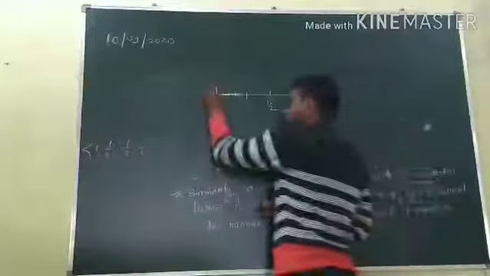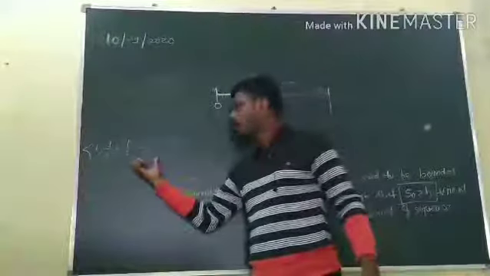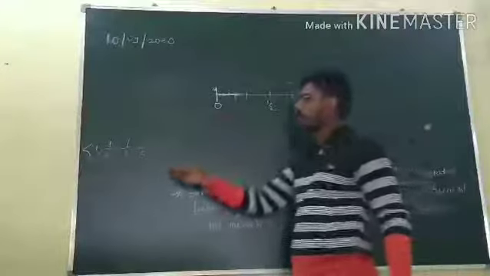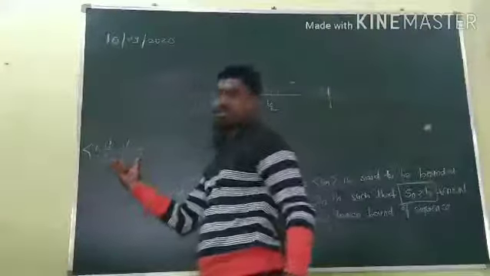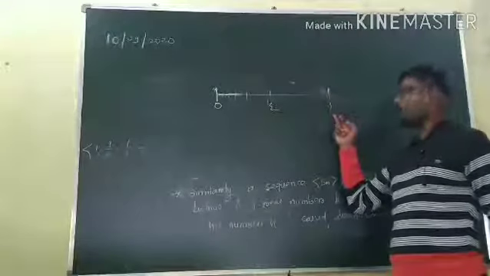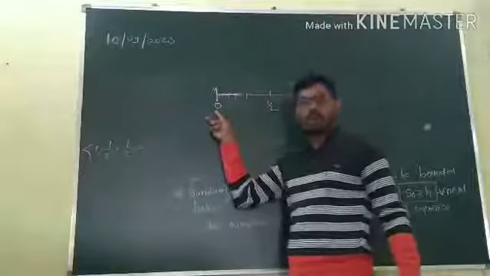So 0 is one of the lower bounds for this sequence. So this sequence is also bounded below. Why? There is a number 0 such that each element of the sequence is always greater than or equal to 0. Okay. So this sequence is bounded above, and one of the upper bounds is 1. This sequence is bounded below, and one of the lower bounds is 0.